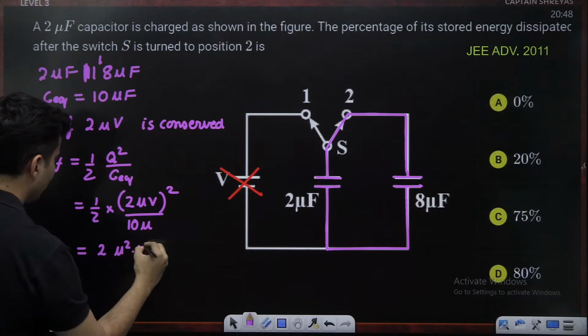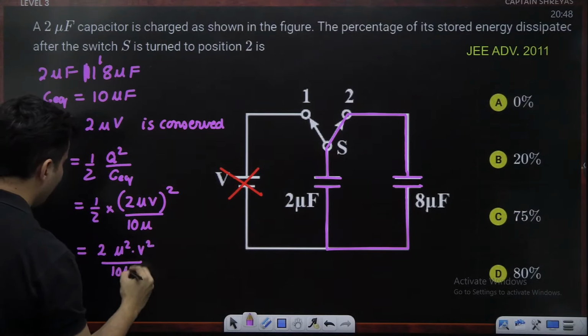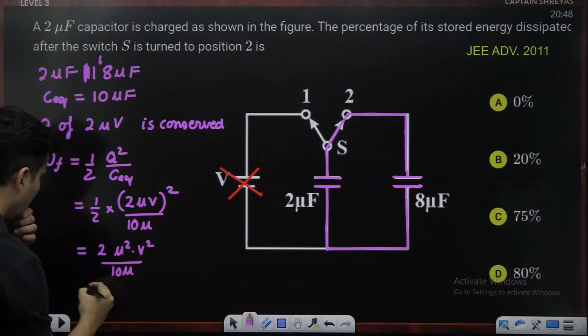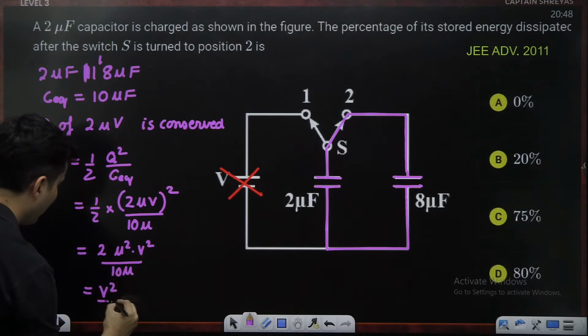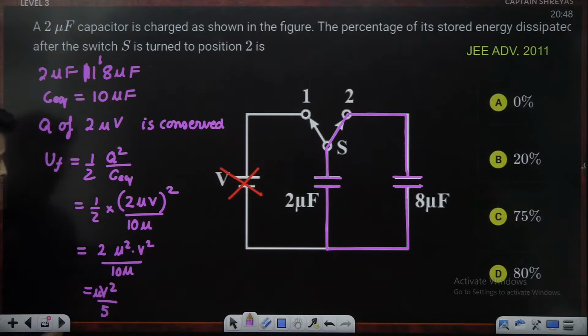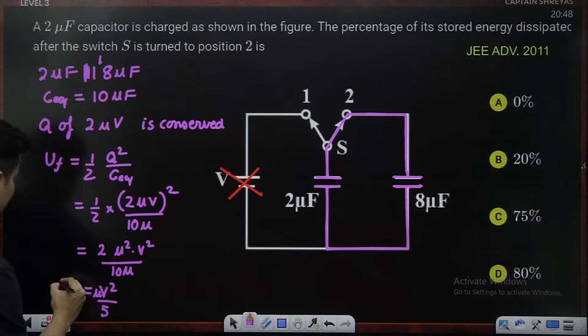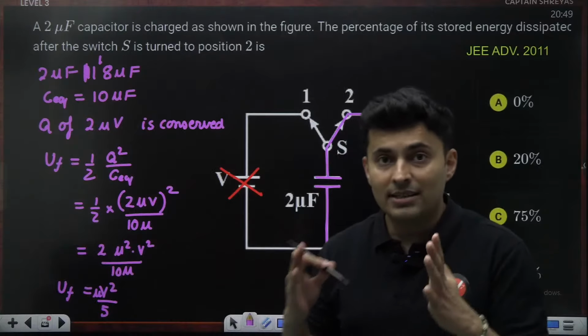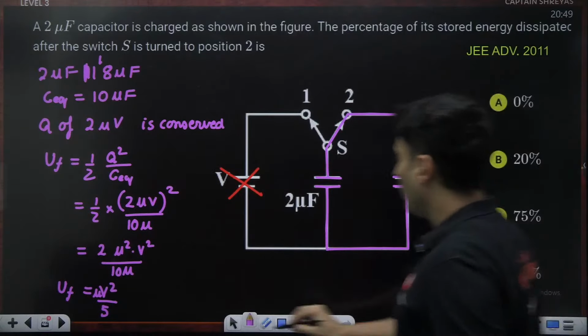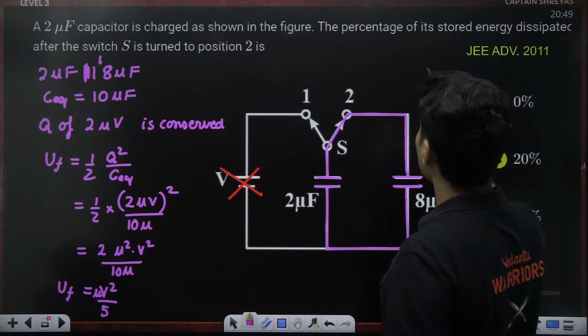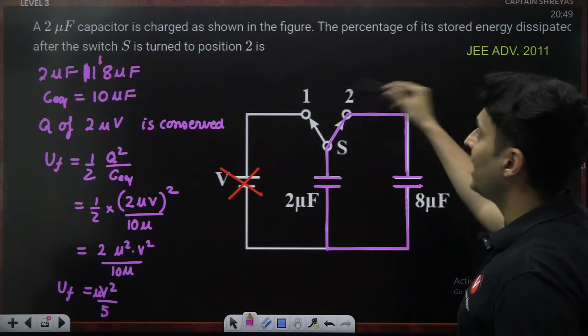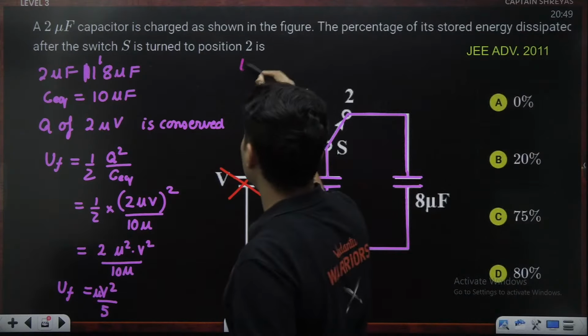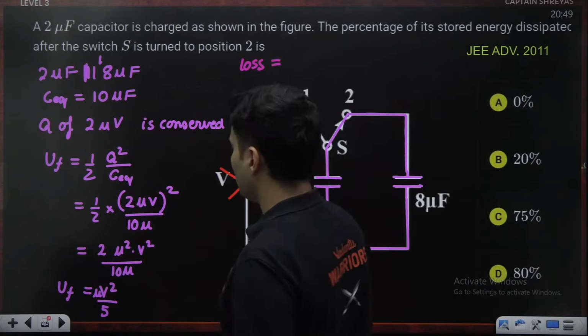Micro square V square by 10 micro, so micro cancels and it becomes V square divided by 5, with micro. So micro V square by 5 is the final energy. So there is some loss now, some loss of energy is involved, because the stored energy gets dissipated. How much is the loss?